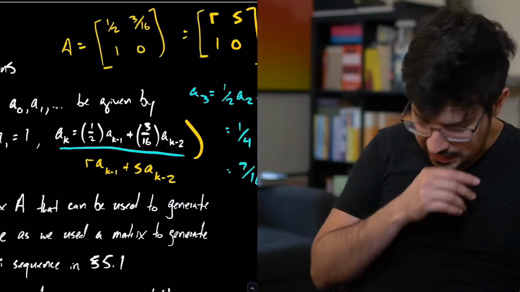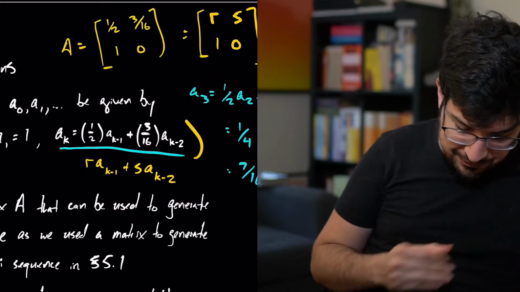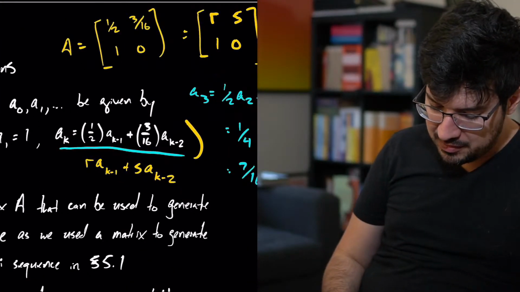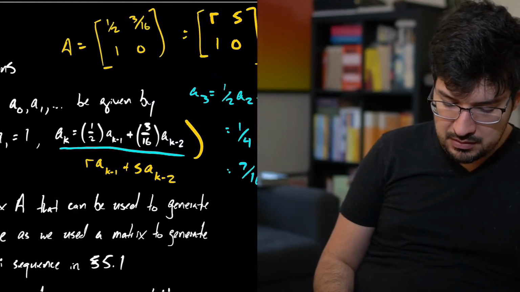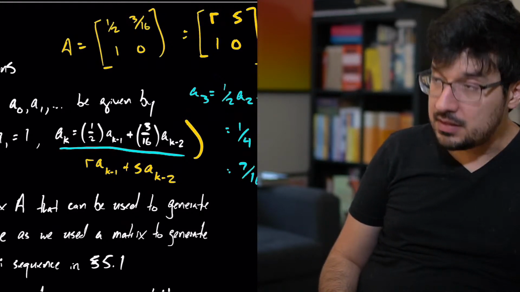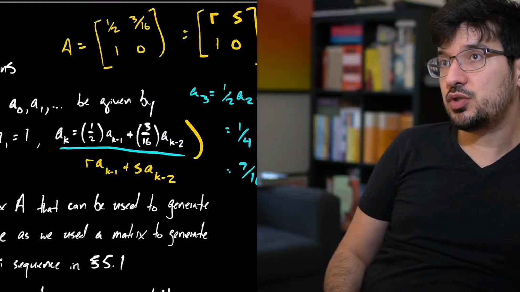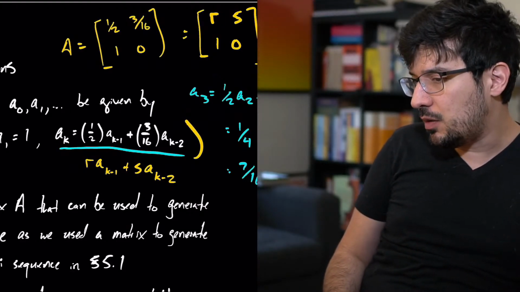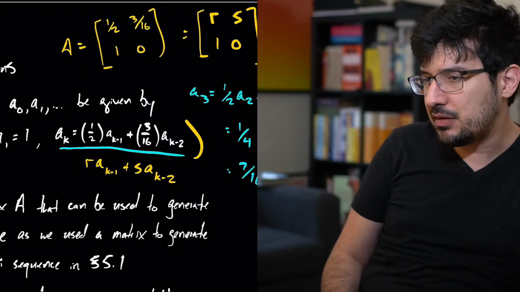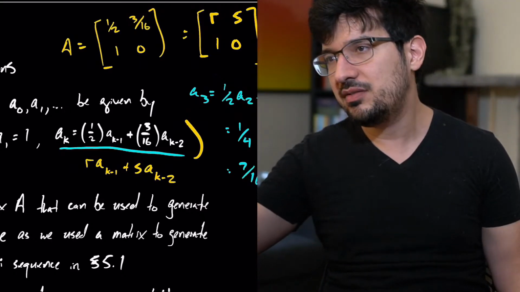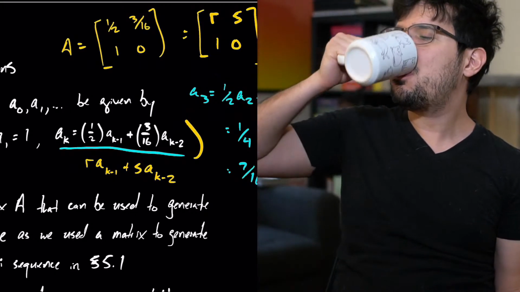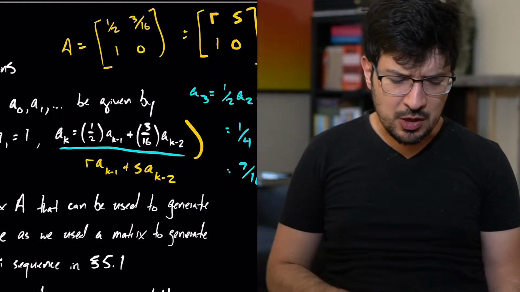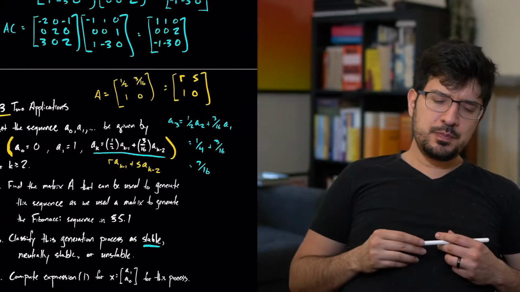We're taking a half of the previous term and a 3/16 of the term before it, I guess that this sequence is shrinking over time, even though we're always adding positive numbers. That's pretty cool. Somehow that's actually kind of cool to me. Does it go up and then go down?